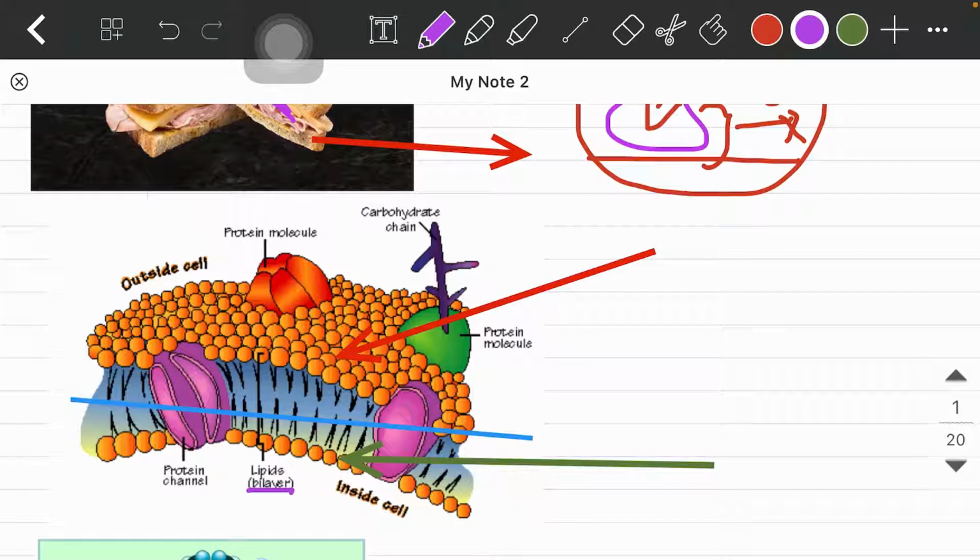Okay, semi-permeable, some materials can pass through but not all materials can. So semi, so hindi lahat pwedeng papasukin.